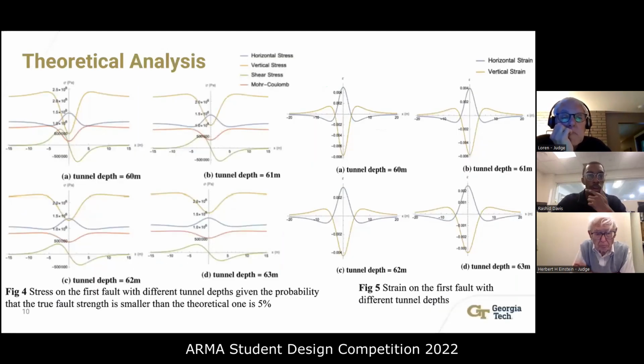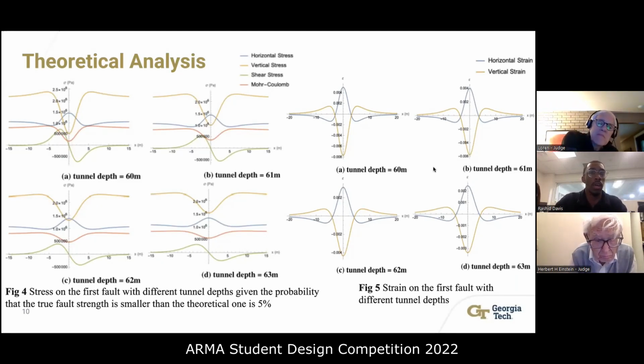So here is our theoretical analysis. We checked based on the Kirsch solution. The red line indicates that there's a failure in shear stress based on the Mohr-Coulomb criterion.